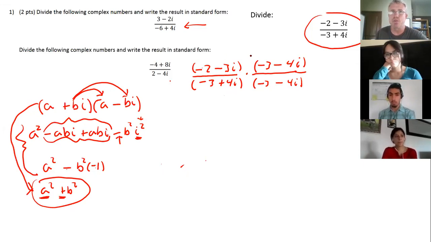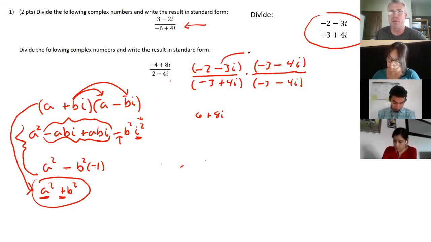You get the -2 times the -3 is a 6. The -2 times the -4i is going to be negative times negative is positive, and it's going to be 2 times 4 is 8i. And so I multiplied -2 by everything over in the parentheses. Now I'm going to multiply the -3i times everything in parentheses.